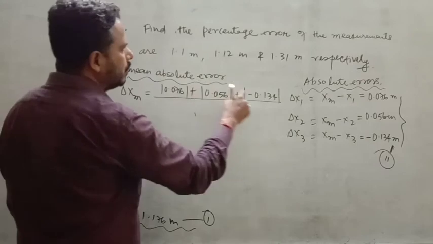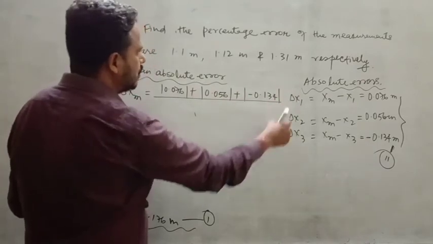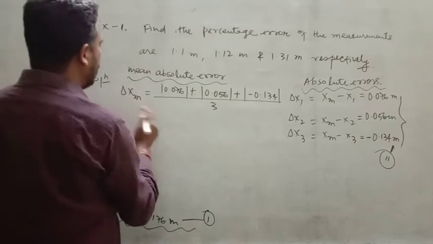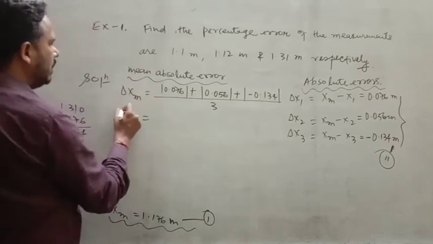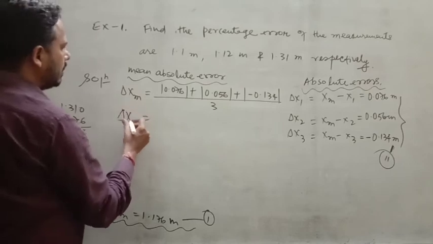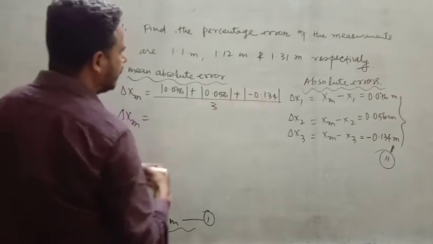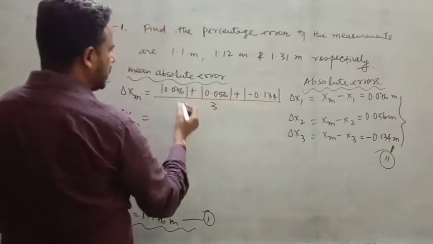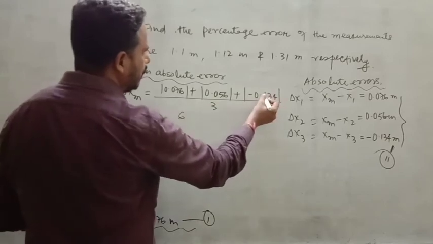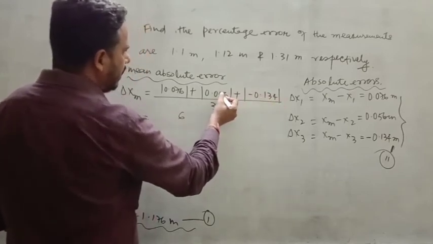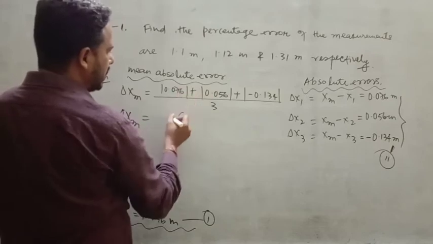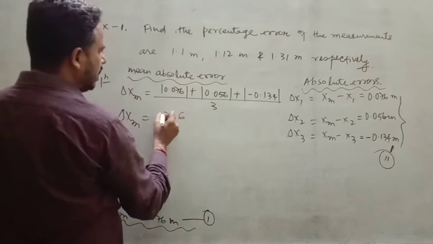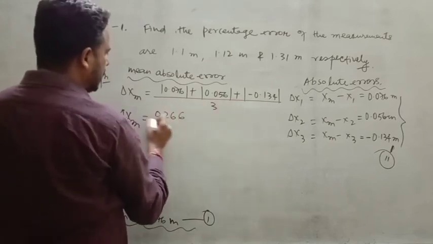We have 3 absolute errors, so this is divided by 3 because I am taking the mean value. This is called the mean absolute error, del x mean. Just take the sum: 0.076 plus 0.056 plus 0.134 gives 0.266. Then divide by 3.